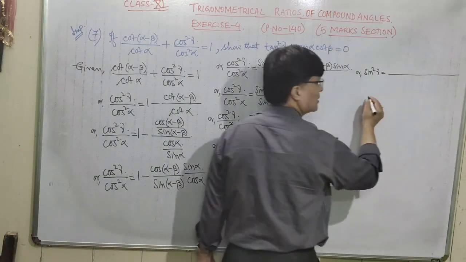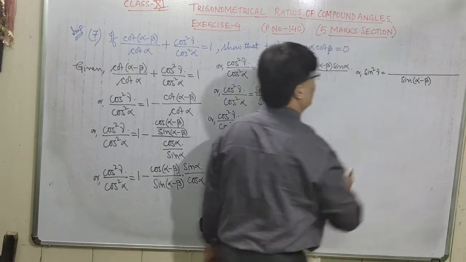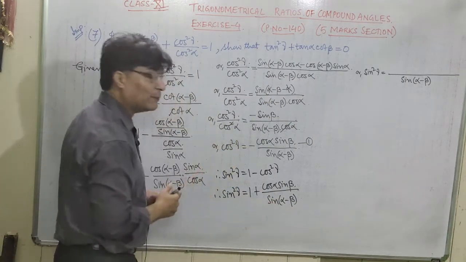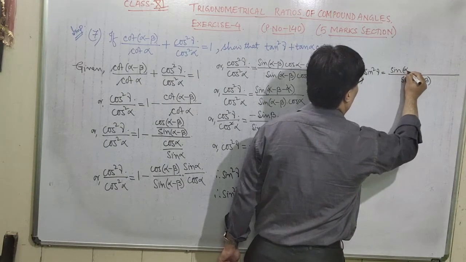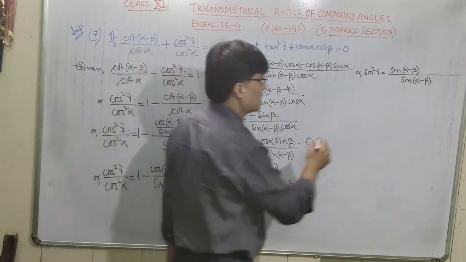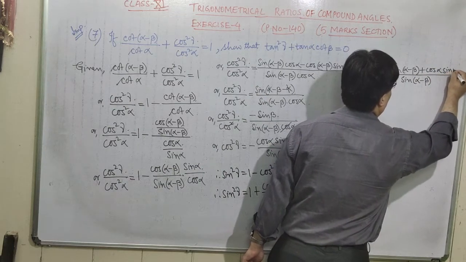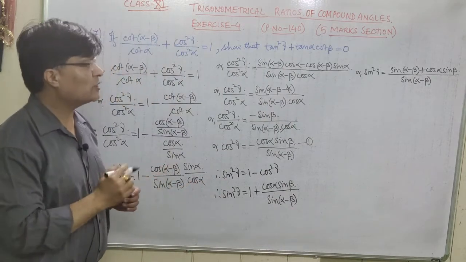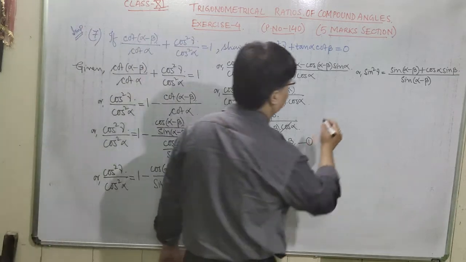The LCM is sine of alpha minus beta. Now this sine alpha minus beta is multiplied by 1. So what do we get? This is sine of alpha minus beta, then plus cos alpha sin beta. Is that clear? Now you have to simplify the expression in the numerator.